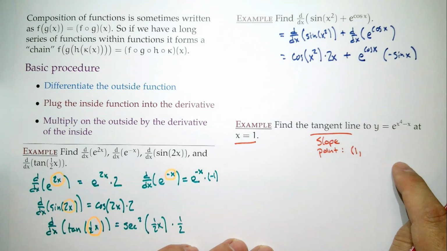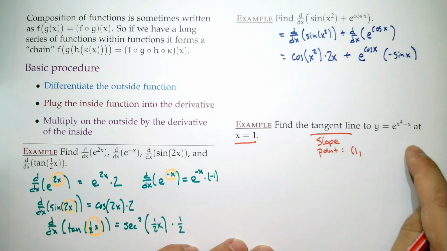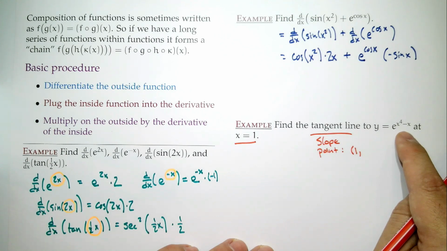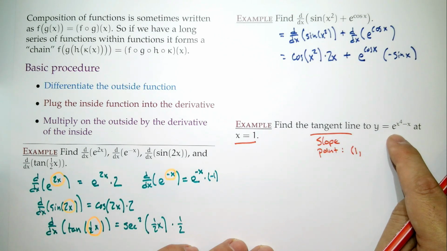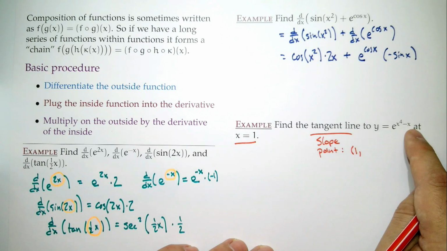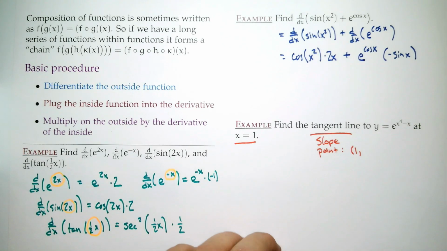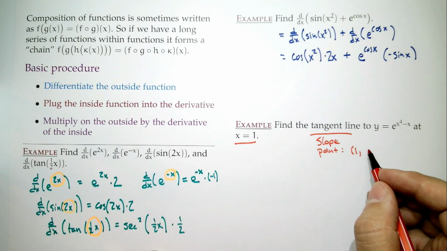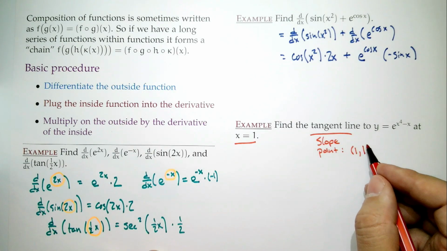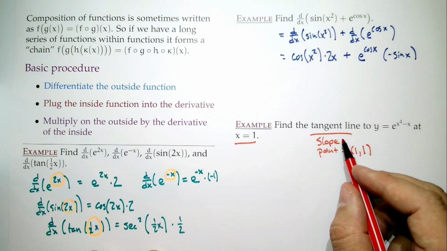How do we get the y value? Plug in 1. So, e to the power 1 to the fourth minus 1. So the x to the fourth minus x is what's in the exponent. So that would be e to the 0, because 1 to the fourth minus 1 is 0. E to the 0, also known as 1.